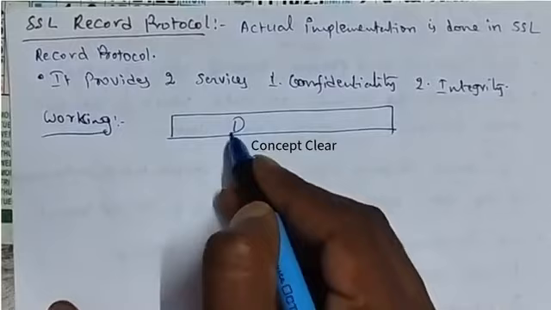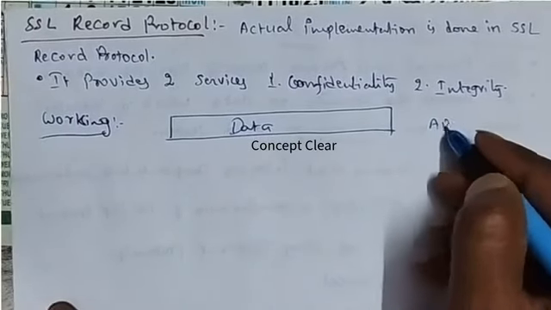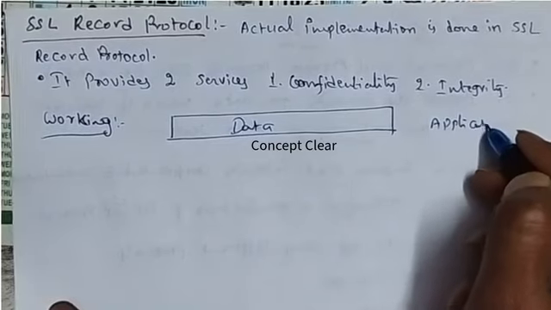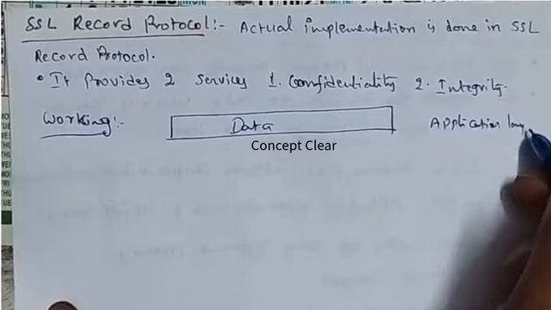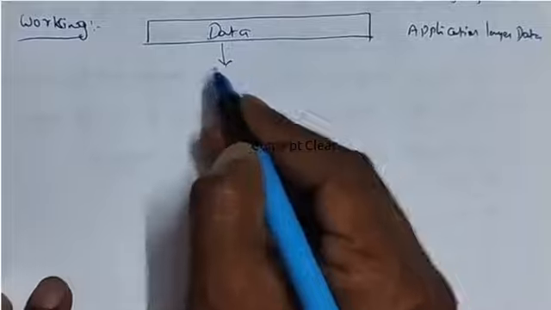It is called application layer data. In the first step, this application layer data will be fragmented. This data will go through fragmentation.